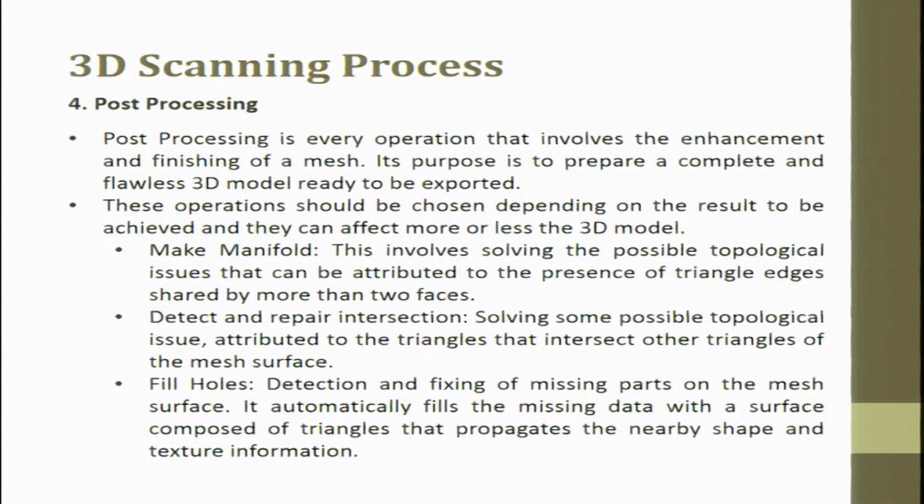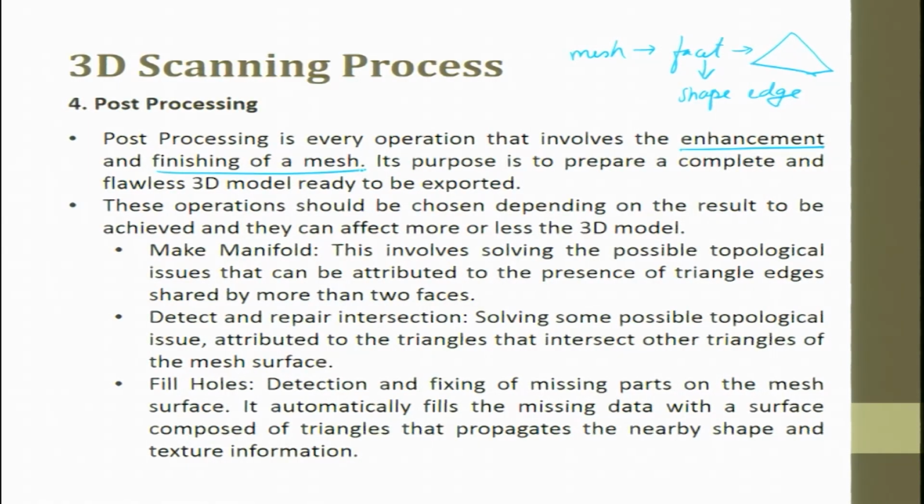Then comes the post processing. Post processing is every operation that involves the enhancement and finishing of the mesh. So the mesh, whatever you do, is nothing but facets. These facets always have sharp edges. Okay, sharp edges. So in order to remove the sharp edges and make it smooth, we always try to enhance and finish the mesh.